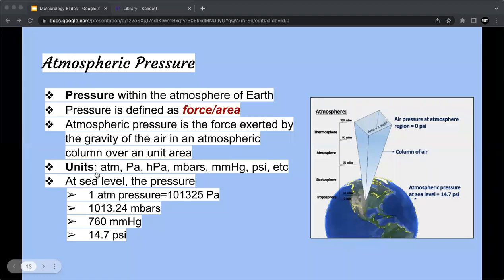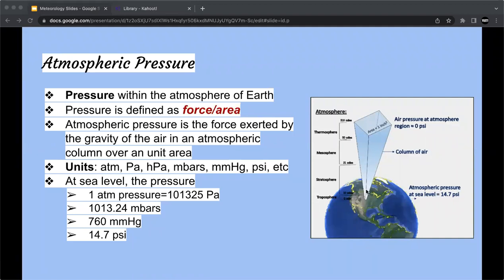Okay, atmospheric pressure. I'm sure you've all heard of pressure. Pressure is defined as force over area. Atmospheric pressure is how much pressure the atmosphere exerts in this column of air. Over here, there's a diagram.